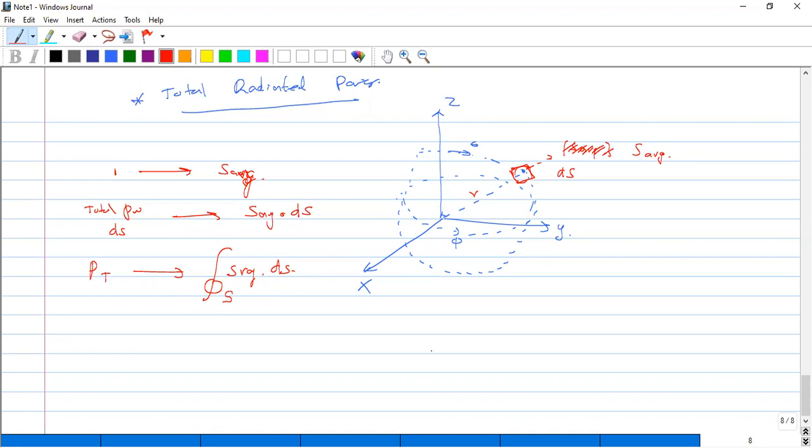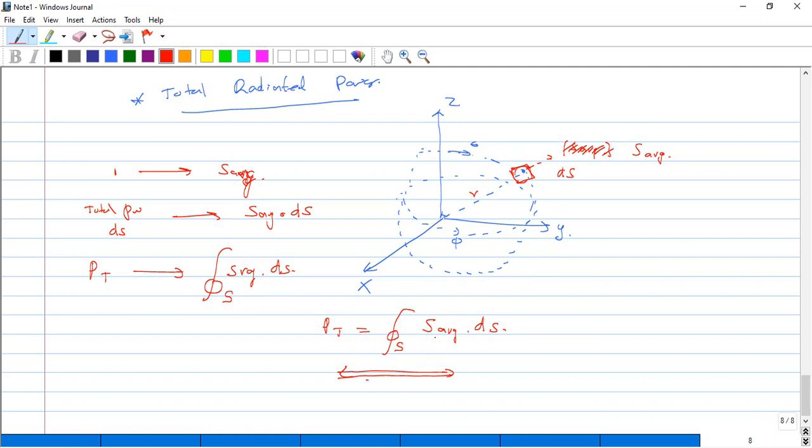I think you can understand it. So the total radiated power is the surface integral through this sphere of S average ds. This is how we find the total radiated power. We will see how to find this one.